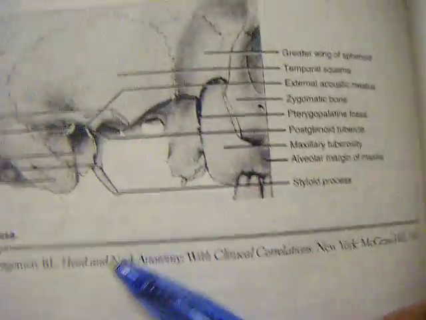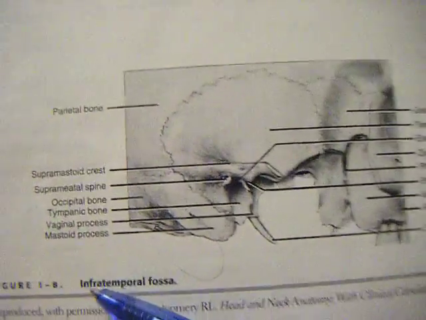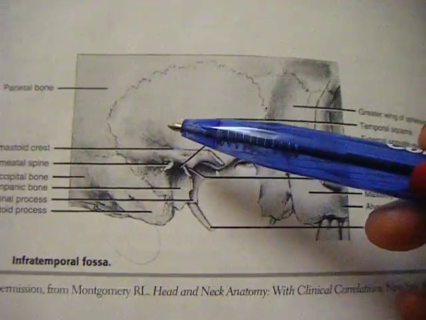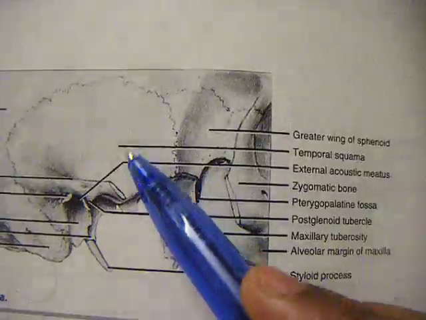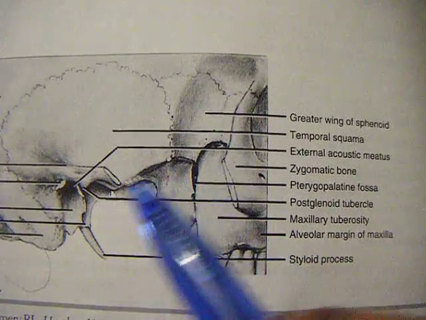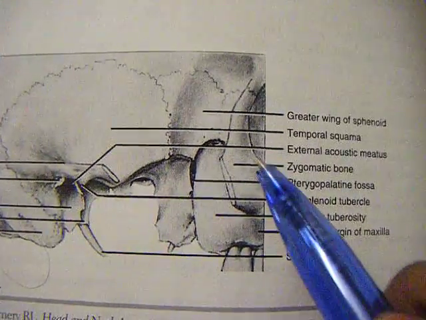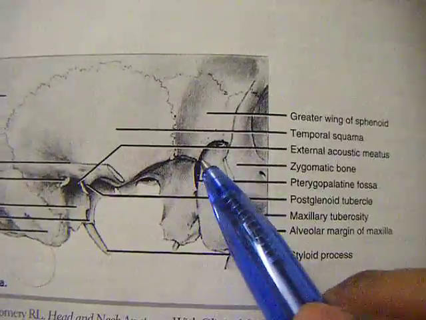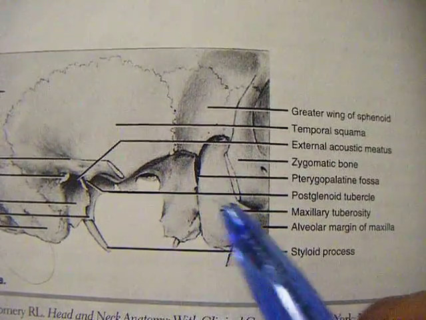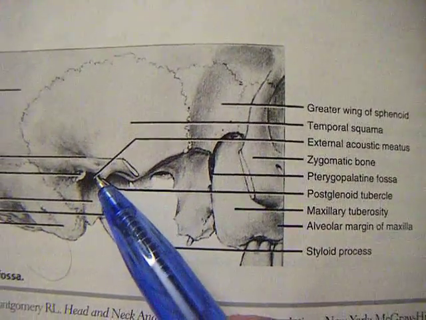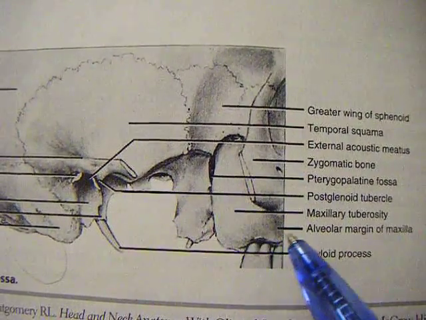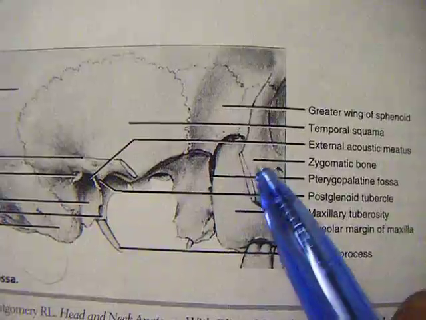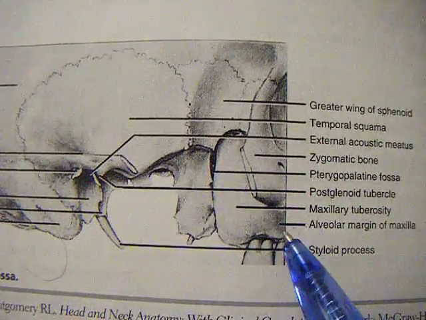Now this is the side view of the skull. This is the greater wing of sphenoid, this is the temporal squama, this is the external acoustic meatus, the zygomatic bone, this is the pterygopalatine fossa, postclinoid tubercle, maxillary tuberosity, alveolar margin of maxilla.